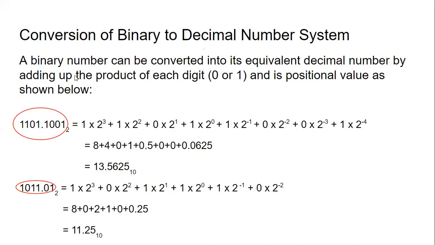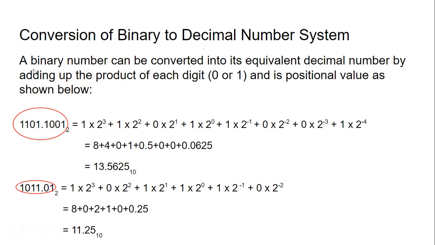So 2 raised to the power of 0, 2 raised to the power of 1, 2 raised to the power of 2, 2 raised to the power of 3. So 1 into 2 raised to the power of 3 plus 1 into 2 raised to the power of 2 plus 0 into 2 raised to the power of 1 plus 1 into 2 raised to the power of 0. So we completed the whole number part.